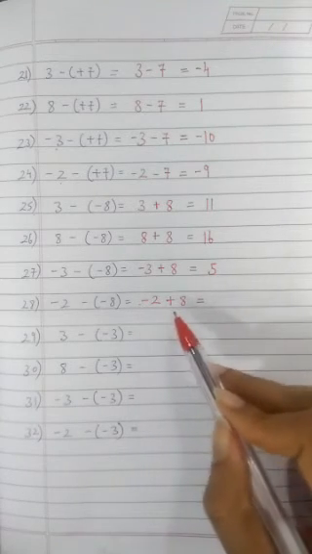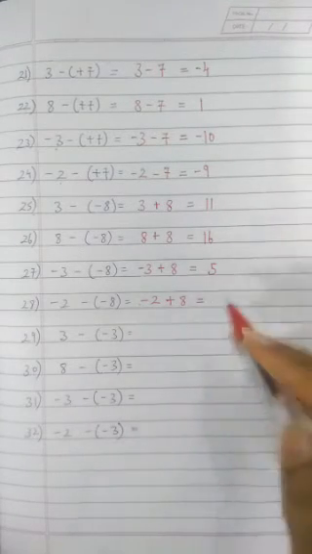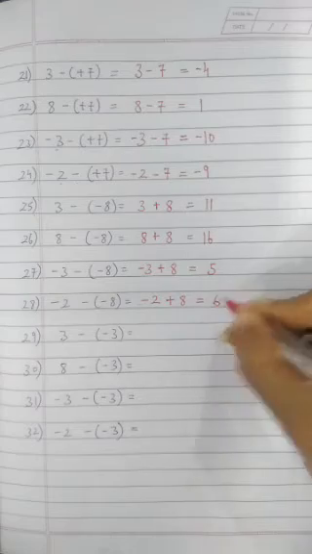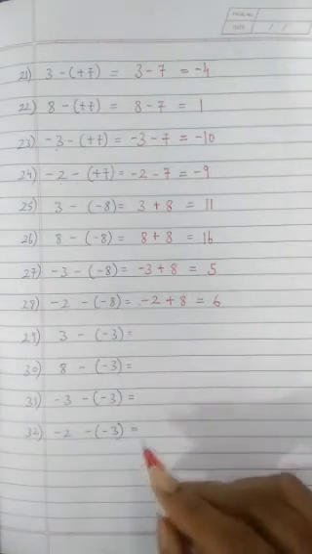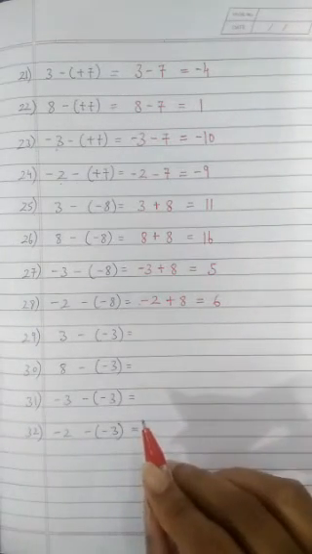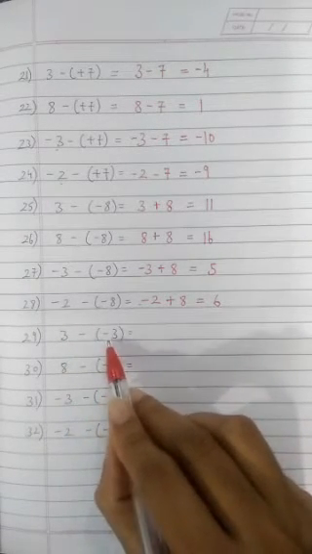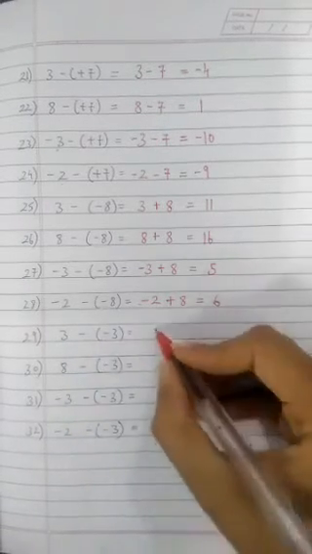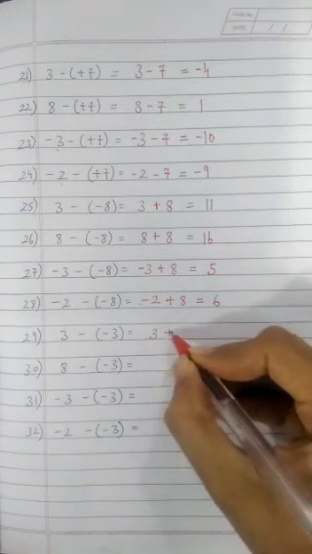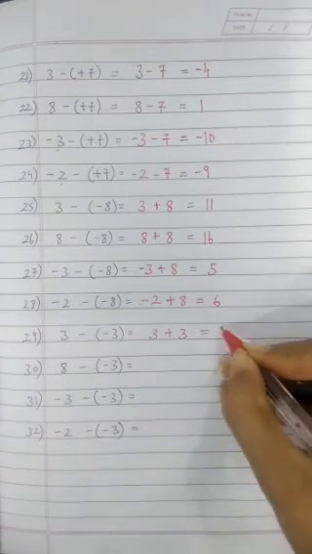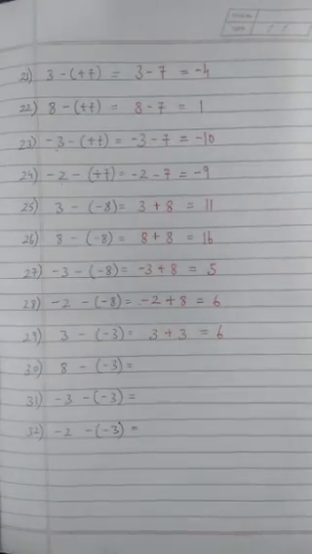Plus and minus operation is minus. 8 minus 2, you got 6. And sign of greater number is positive, so we keep it positive. 3 minus minus 3. Minus into minus plus 3. So 3 plus 3, your answer is again 6.